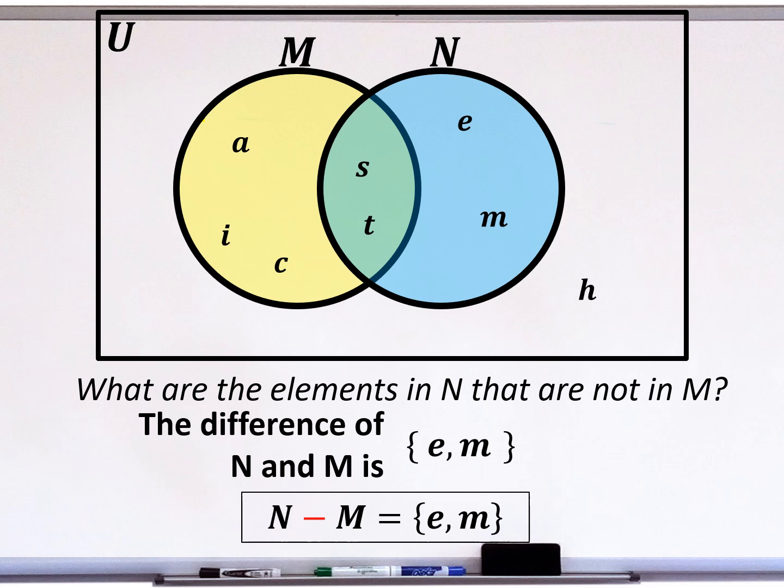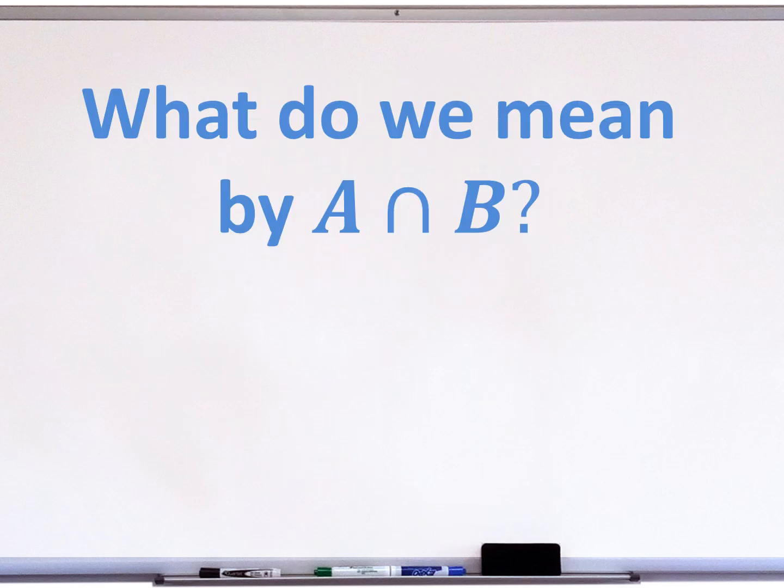They are the ones left in the first set when we remove the elements common to both. Okay? That is our consideration. You're only going to look at the first set, the set in front. So again, what do we mean by this symbol?